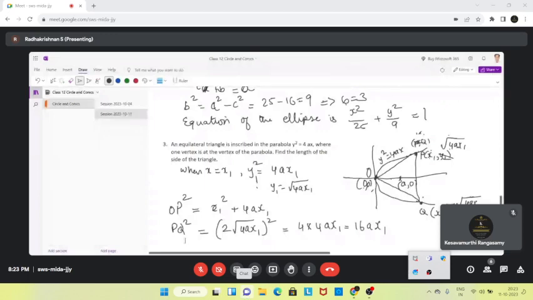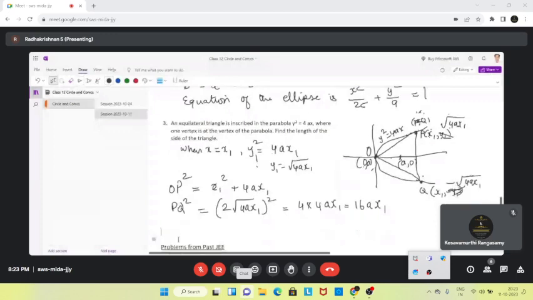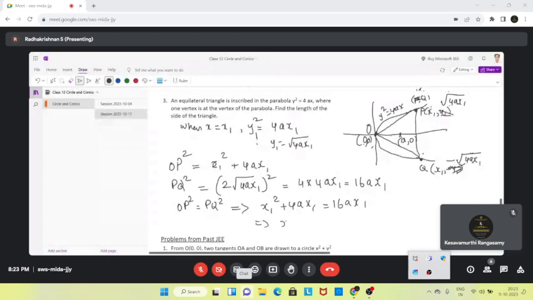So because it is an equilateral triangle, OP square equals PQ square. Dividing by x1, you get x1 plus 4a equal to 16a. So x1 is equal to 12a. Okay. Find the length of the side of the triangle. So what is the length of the side of the triangle?